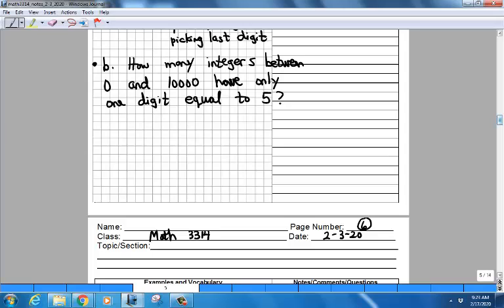Do we want exactly one digit, or could only one mean none or one? Only is kind of ambiguous in English, so we have to make an interpretation here. Do y'all want exactly one? I think that makes it easier, doesn't it? So let's say exactly one.